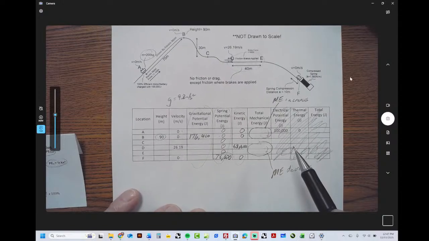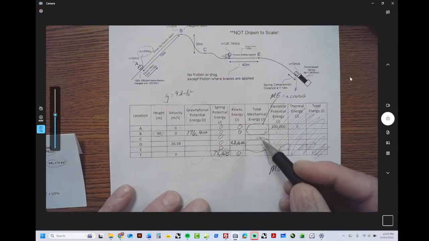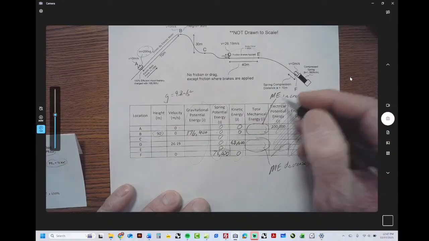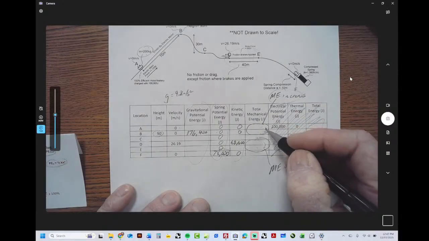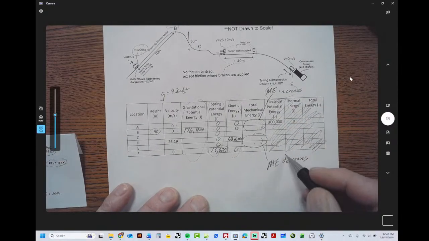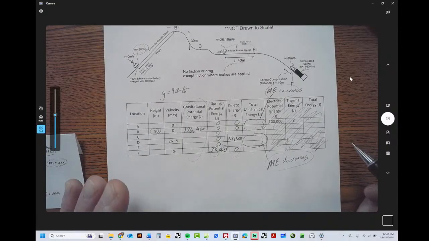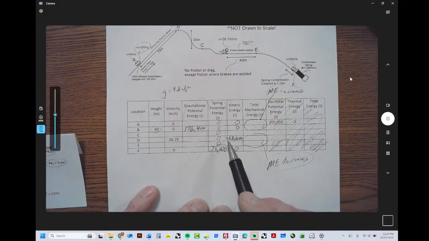Okay, so I'm going to find out how much this increases by, and how much this decreases by. Actually, I'll wait. I'll do that next. What I want to do is add all these up if I can.